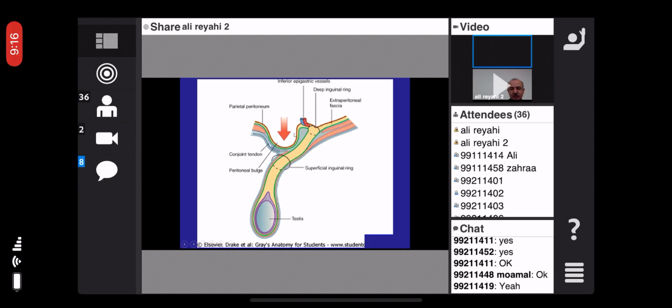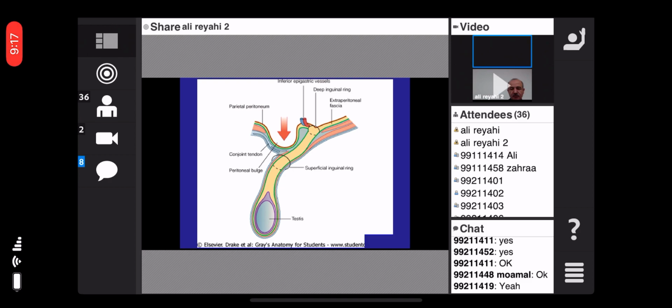Look at here. Inguinal ring and deep inguinal ring. Okay, and if the pressure of content within the abdomen rises, some coil of the small intestine can push the abdominal wall, and the weakest part of the abdominal wall is Hesselbach's triangle, if you remember.